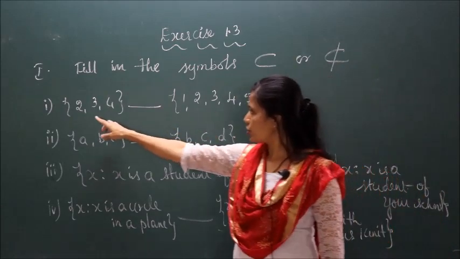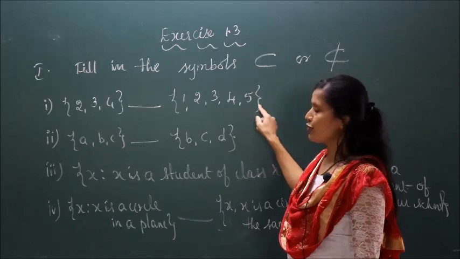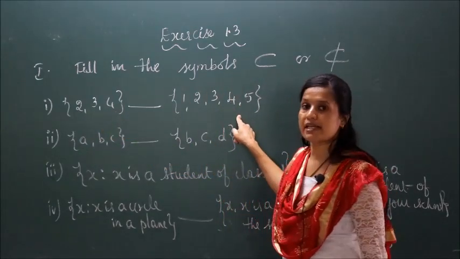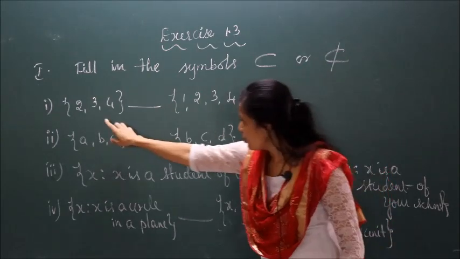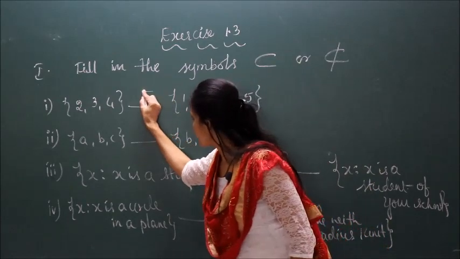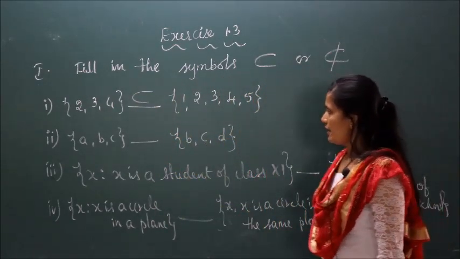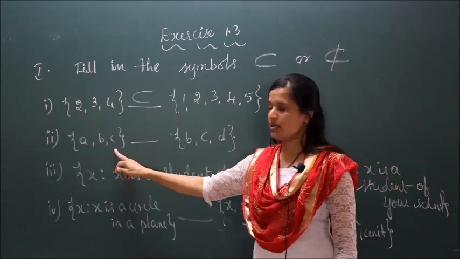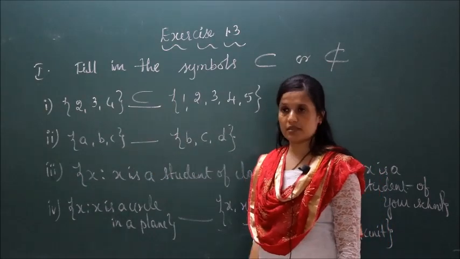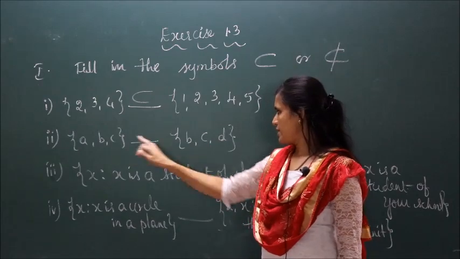First question, {2, 3, 4} dash {1, 2, 3, 4, 5}. Whether {2, 3, 4} is contained in this set? Yes. So this is a subset of this set. So I have to write the subset symbol. Here it is A, B, C. This is B, C, D. Is this a subset? A is not there in the set.